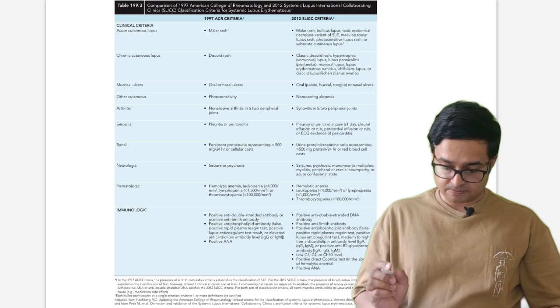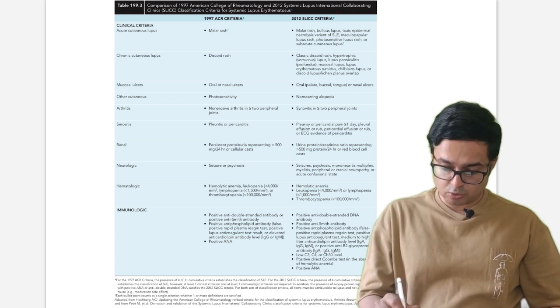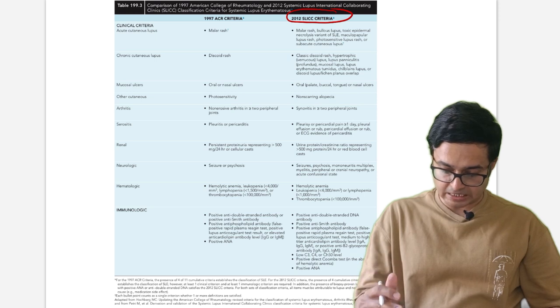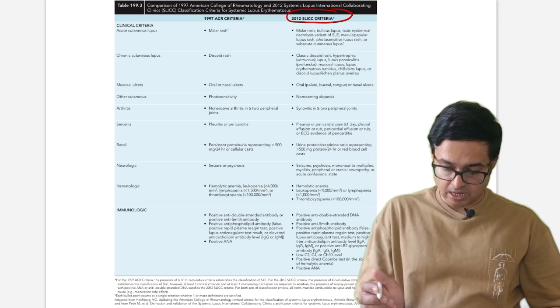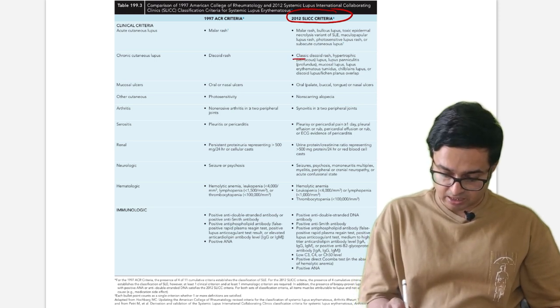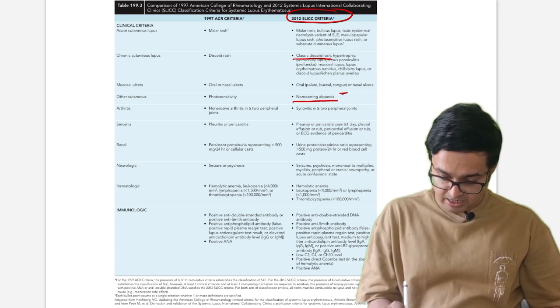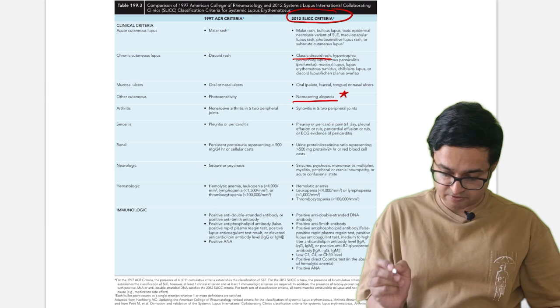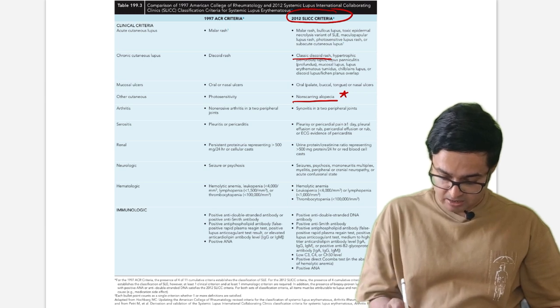The important thing: this is the 2012 SLICC criteria. In this, many things have changed. Like the classical discoid rash description has been changed. Non-scarring alopecia is included in cutaneous manifestation, and urine protein creatinine ratio representing more than 500 milligrams of protein in 24 hours is included.